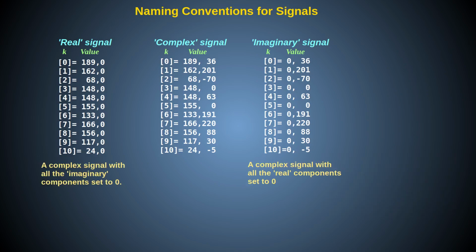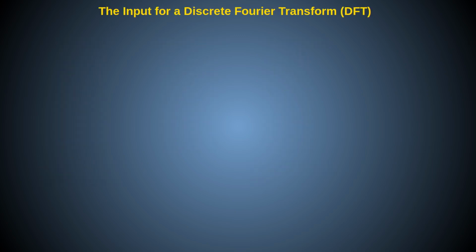Finally, you can regard all signals as complex signals. It's just that real signals are complex signals with all the imaginary values set to 0, and imaginary signals are complex signals with all the real components set to 0. So pure real and pure imaginary signals are just special cases of complex signals. The Fourier transform takes as input a complex signal.